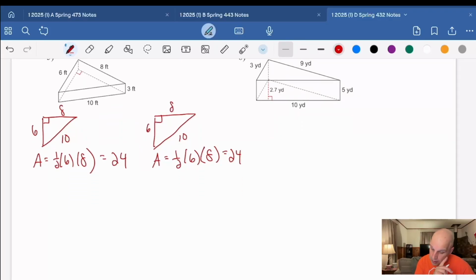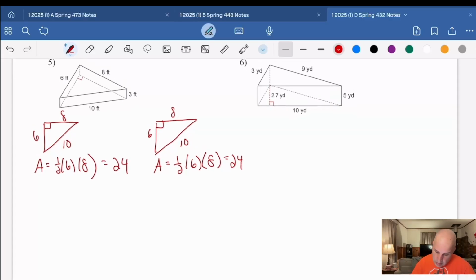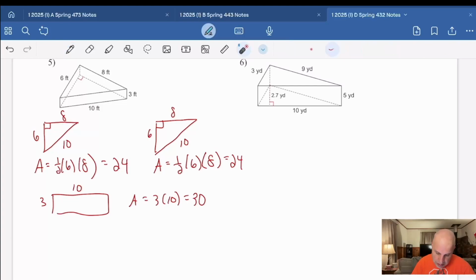Now let's do our 3 rectangles. Let's start off with the one in front here. It has dimensions 3 by 10, so its area is going to be 3 times 10, which is 30. Now let's do the one on the right side.